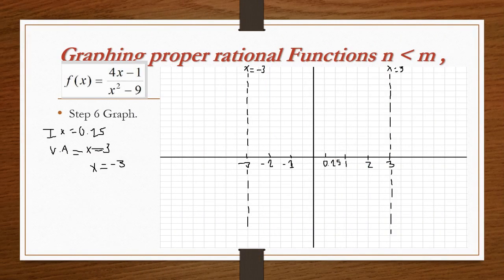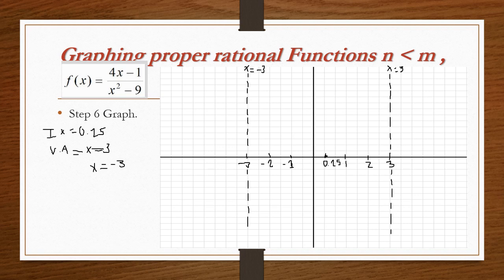We are going to graph the rational function 4x minus 1 over x squared minus 9. So here we have the information. First of all, we have the intercept, 0.25. Here we go. Then we have the vertical asymptotes, x equals positive 3, always a vertical dashed line, and also x equals -3, a dashed line.